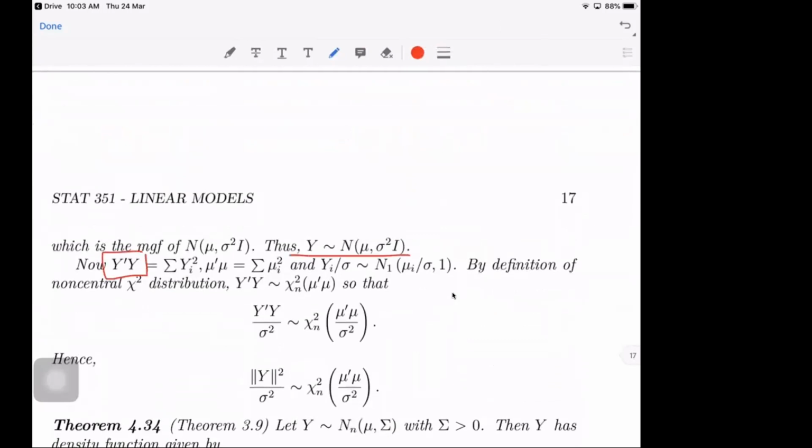Now you define y prime y, that is the summation of y_i squared, and mu prime mu is the summation of mu_i squared. And then, if y is normal with mean mu and variance sigma squared I, you divide y by sigma.